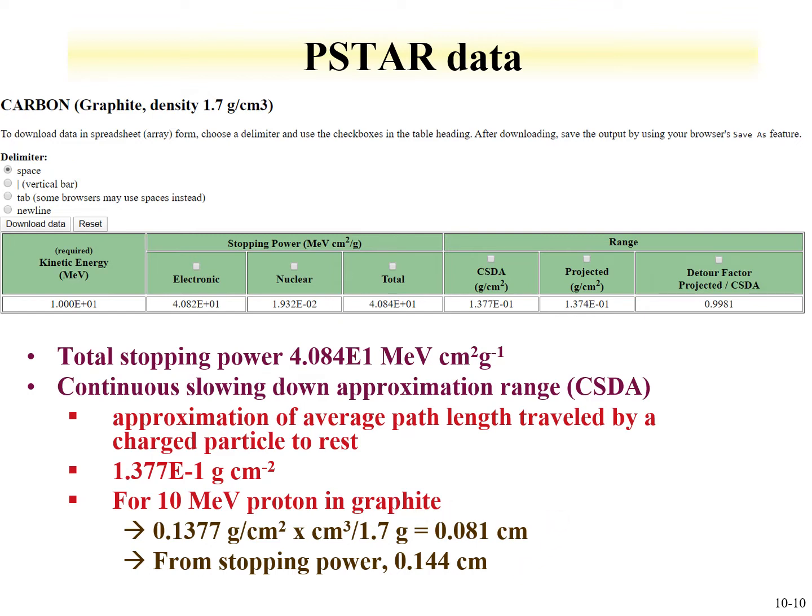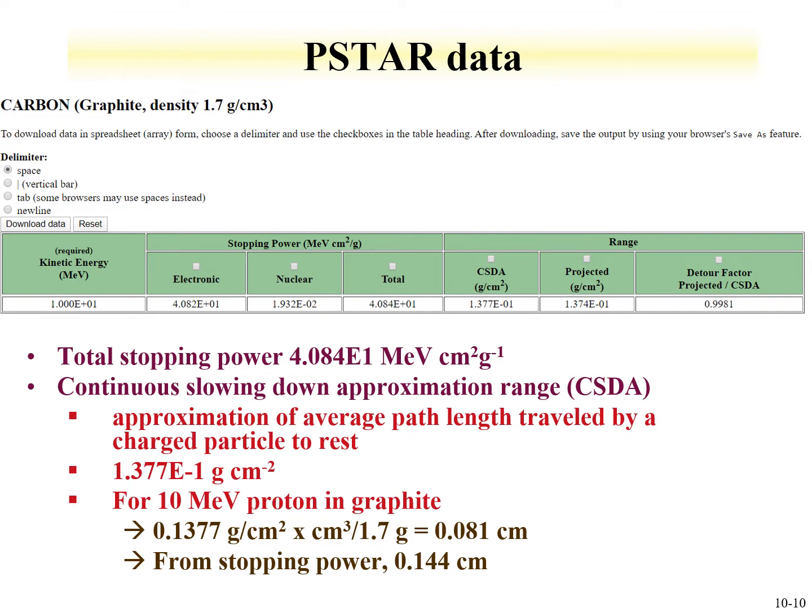You can pull up the data here. You can either use the CSDA or the projected. This is a factor that talks about straggling. So you see there's not a lot of straggling. Most of it, 99.81%, does not straggle.